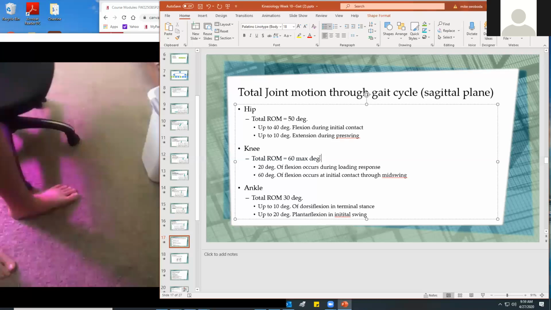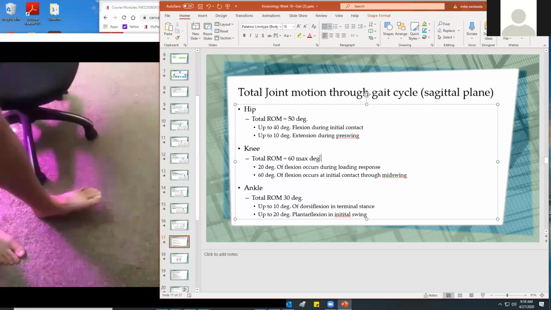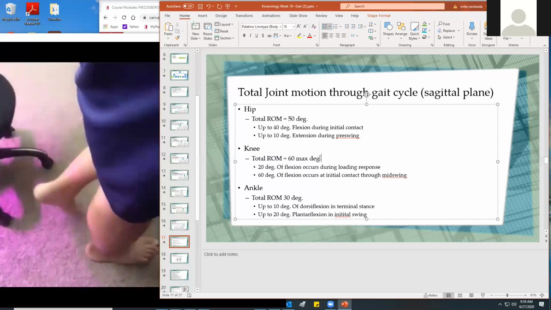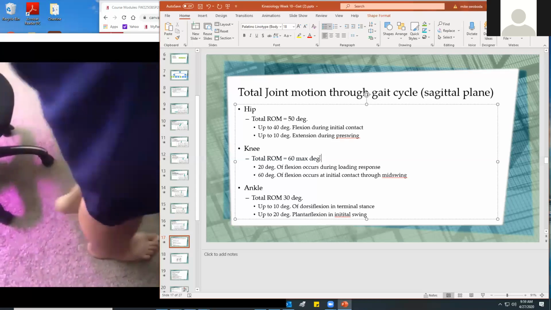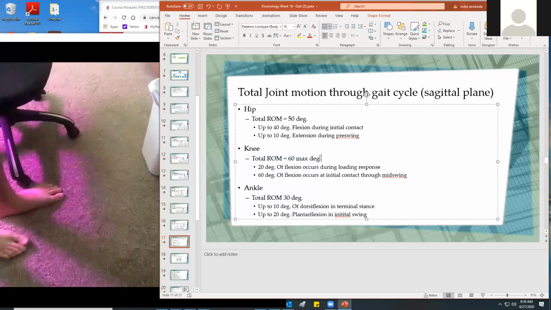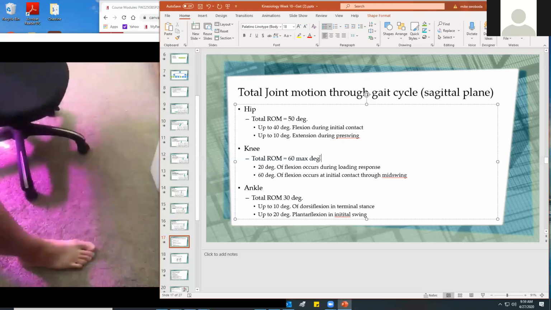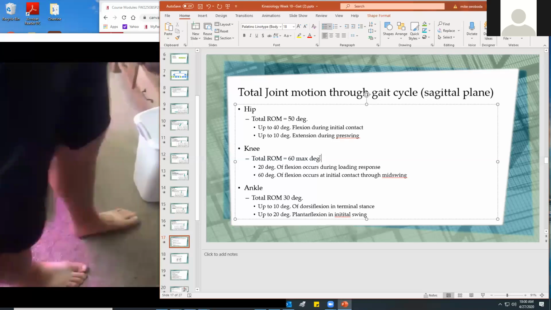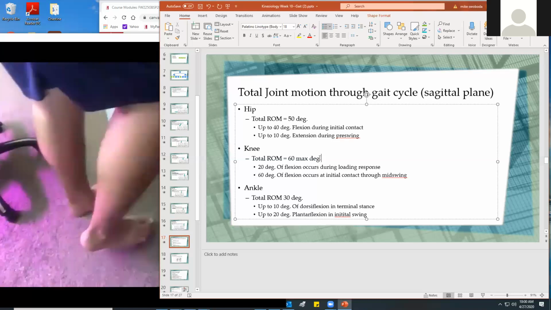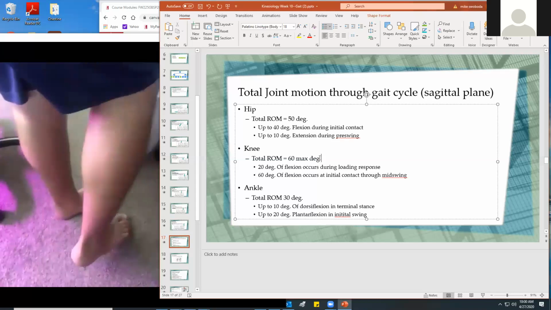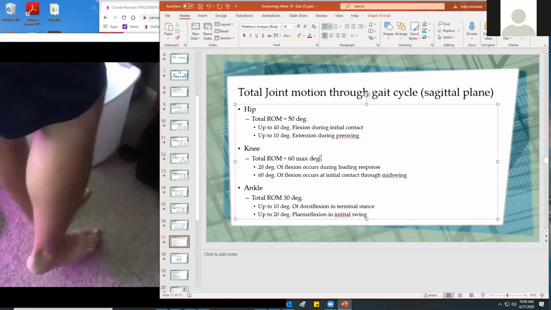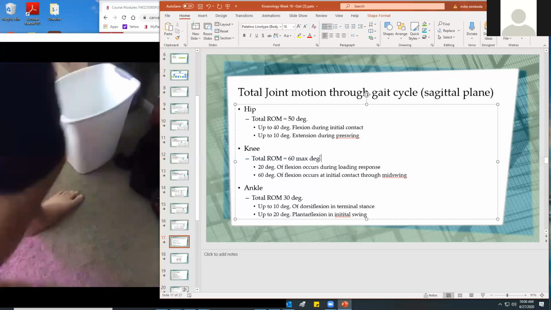If I go from my initial contact all the way through to mid-swing, which comes forward, my knee, so initial contact right here, and then down and forward to mid-swing. Now, my knee will get a total of about 60 degrees of flexion there.